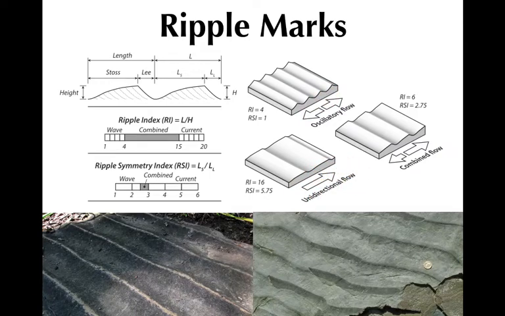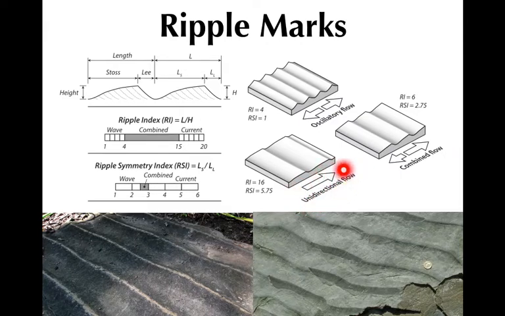And the general idea is that oscillatory flow produces ripples that are of short wavelength relative to height, and they're symmetrical. So the upstream side and the downstream side have the same length because there is no real upstream or downstream side.